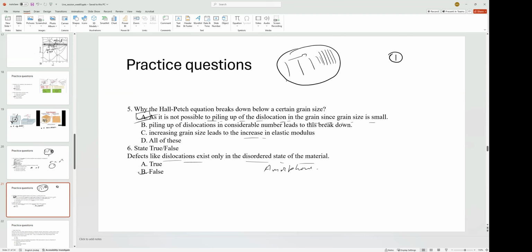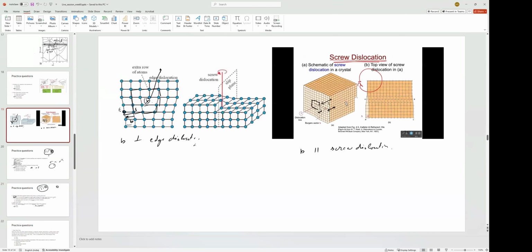Dislocations mostly exist in crystalline materials. So if you see this image, this is a perfect crystal, right? Only there's a dislocation here. Other than that, this is a perfect crystal.